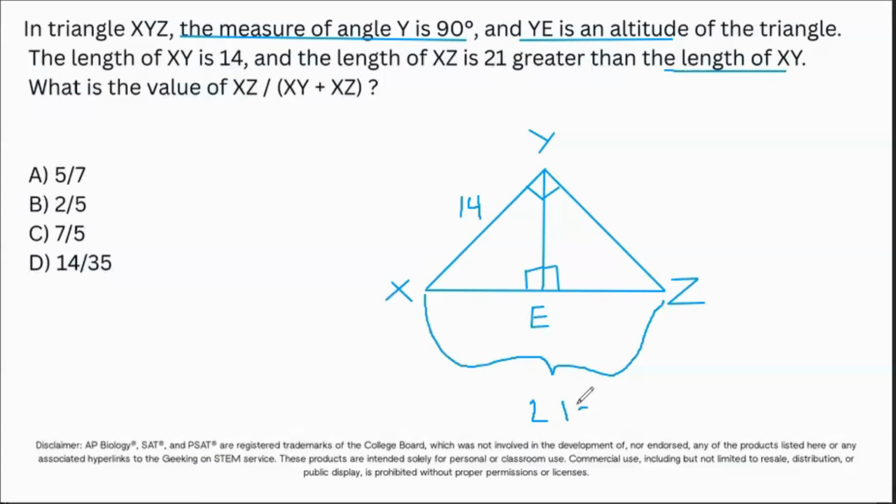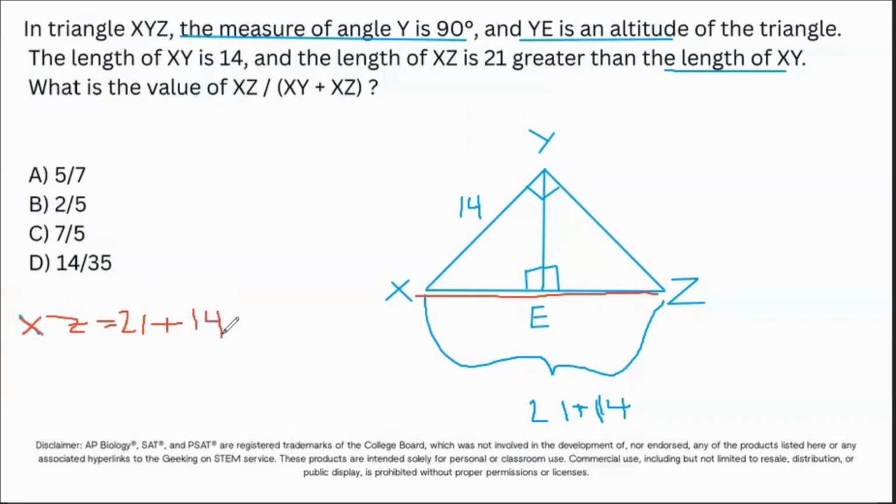So it's 21 plus 14. So essentially, what we're saying is that the distance of XZ, from here to here, is the sum of 21 plus 14.